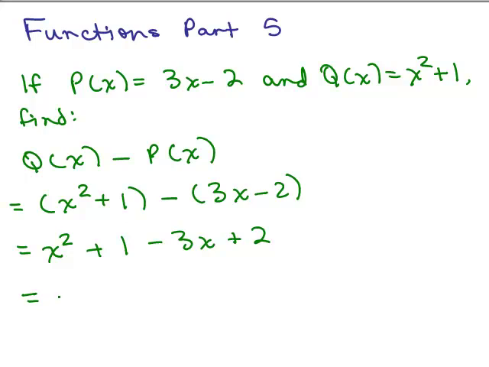So that gives me x squared minus 3x and then plus 3. And so there we have q of x minus p of x.